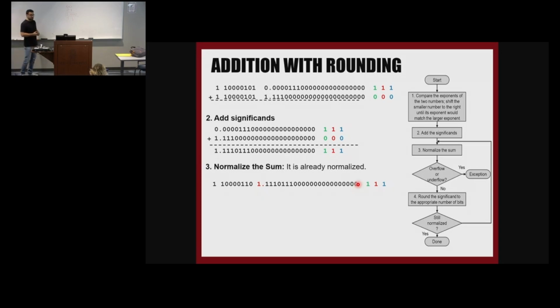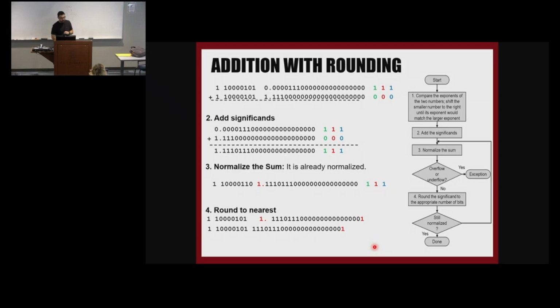We just round it to the nearest one. And that means that they have to have a 1 here. Okay? So I use GRS, round to nearest, this becomes 1. Okay? Now I can return this number to hexadecimal, and this is what I get. I can also find the floating point.